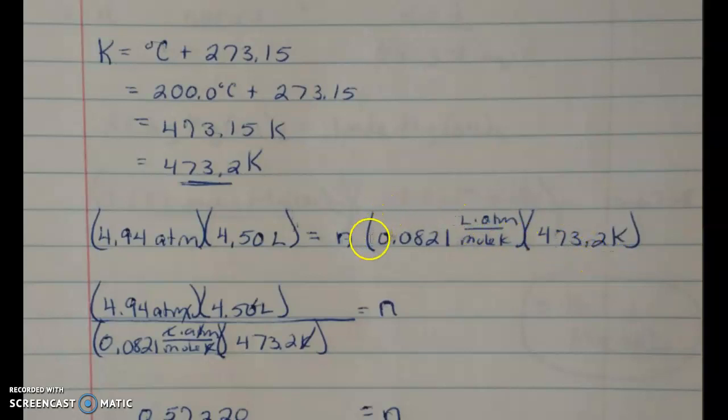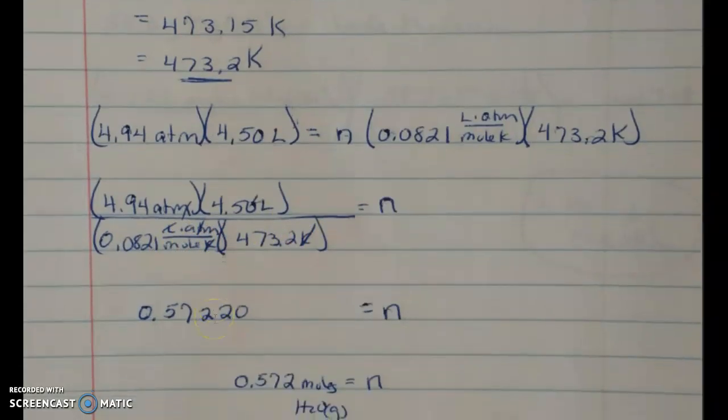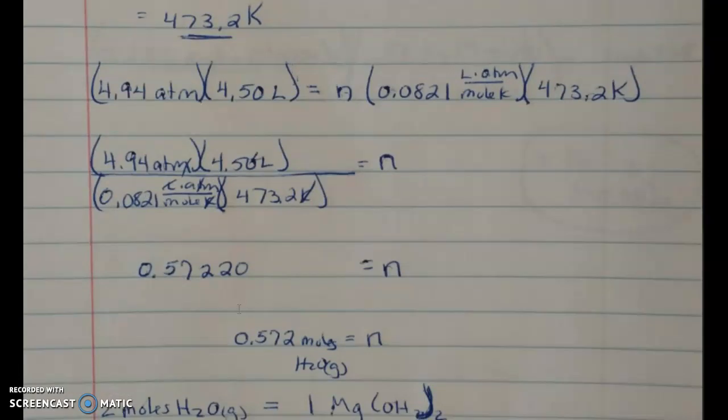If we divide both sides by the R and the T, we can isolate our N, and we come up with this equation where we can cancel our atmospheres, we can cancel our liters, and our Kelvin are canceled, and we're left with moles. And so we get a number, 0.57220. And remember, there are only 3 significant figures in all of those numbers, so we round this to 0.572 moles of water vapor, or H2O gas, and that's our N.